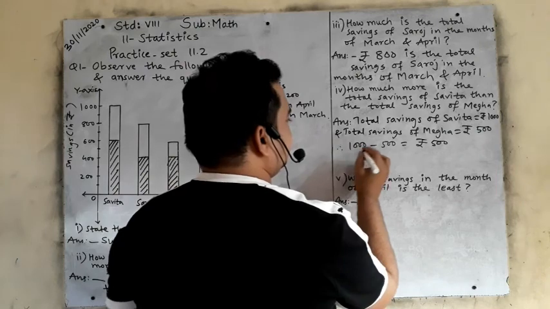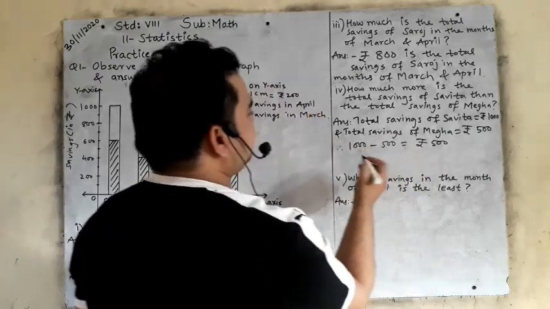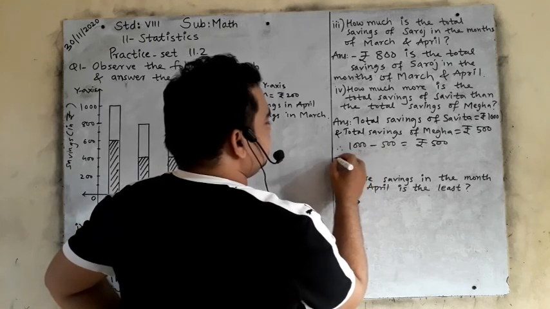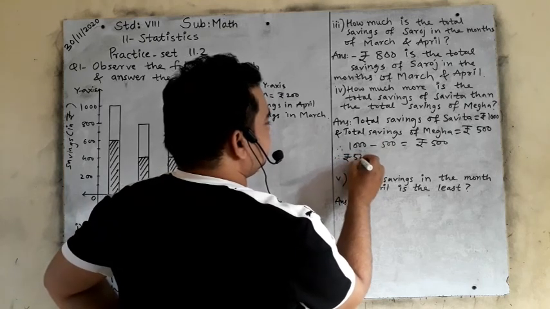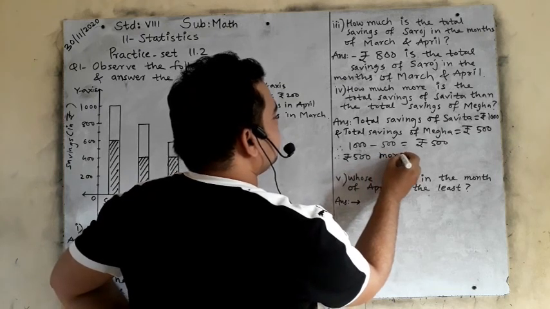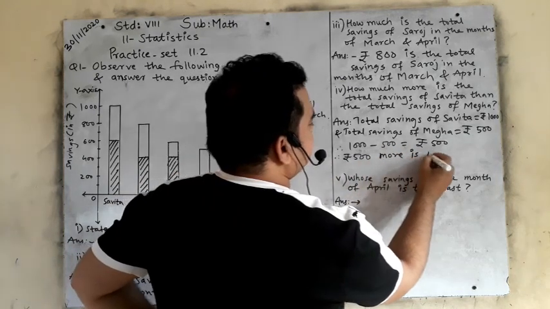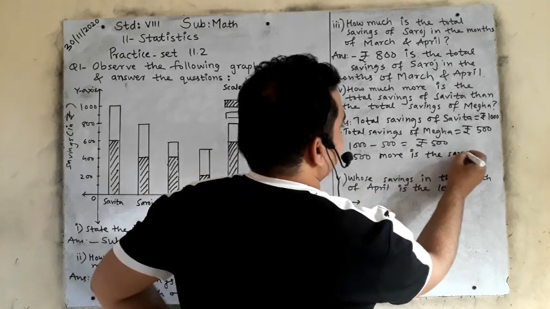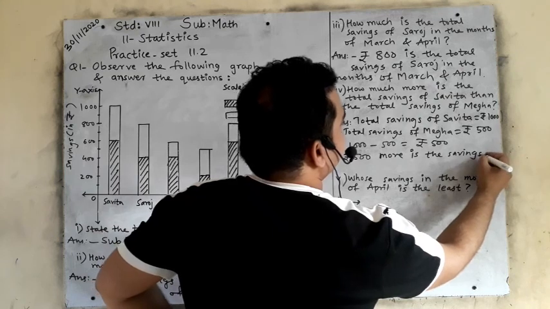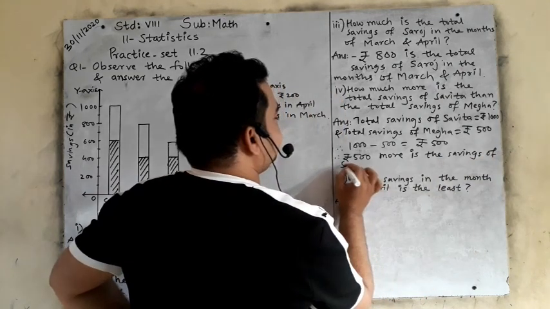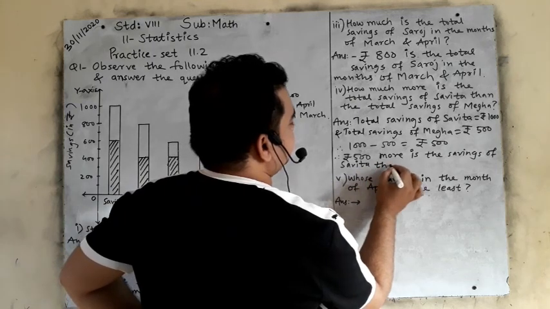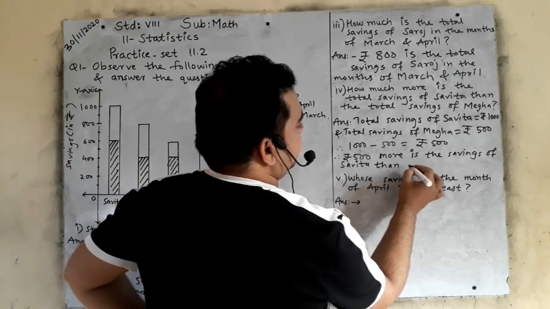So you will write: rupees 500 more is the savings of Savita than Megha.